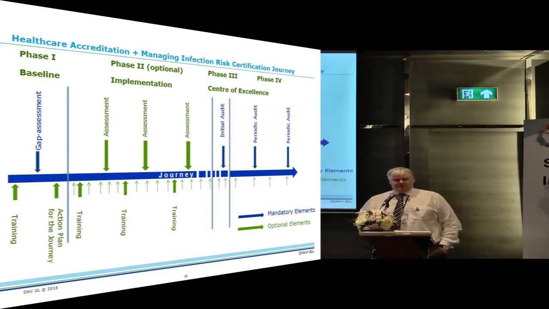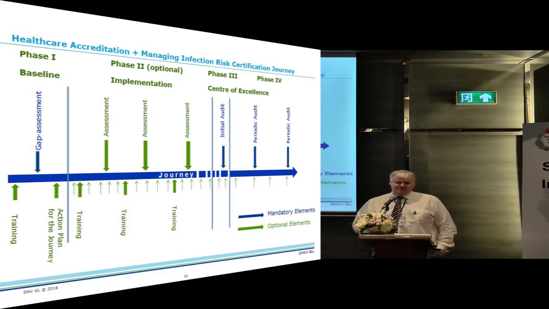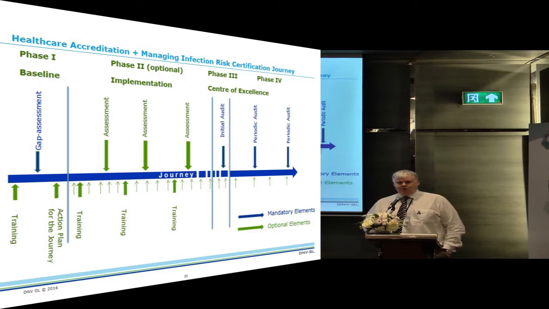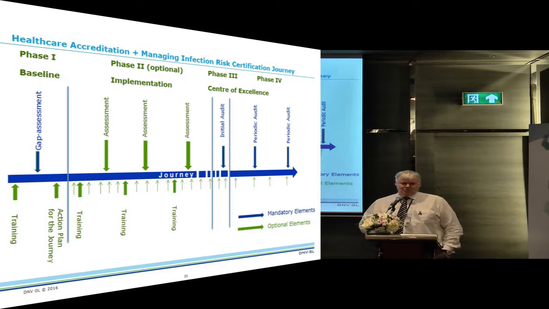And the way that the process works is at the beginning we go in and we basically do a gap assessment. And we say, this is where you are. Where would you like to go? How quickly would you like to go there? And we do some training, and then in the gap assessment, we basically train the whole organization in terms of this is your role, this is why you're important, and this is what we're trying to do. And we have had very, very good feedback and response from these exercises.